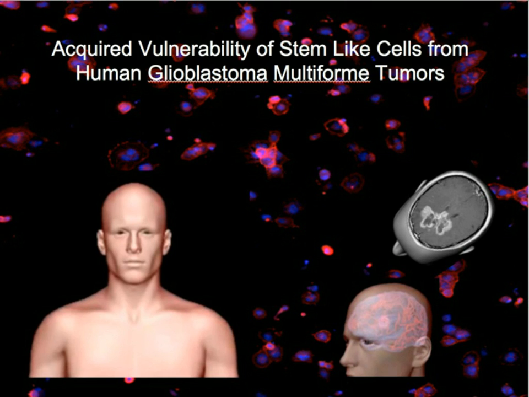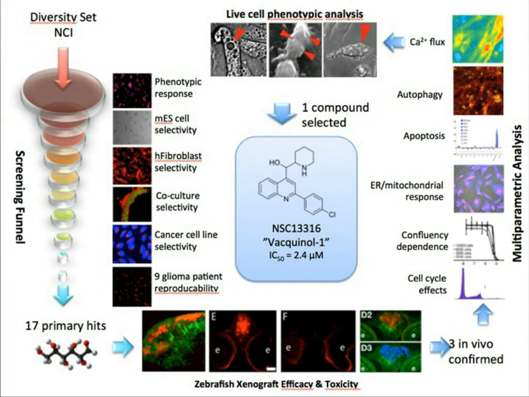So this is what we went about doing with the different cancer stem-like lines from these tumors, and we performed a phenotypic-based screen. Basically, it was to expose cells with different compounds and look at how the whole cell morphology changes.